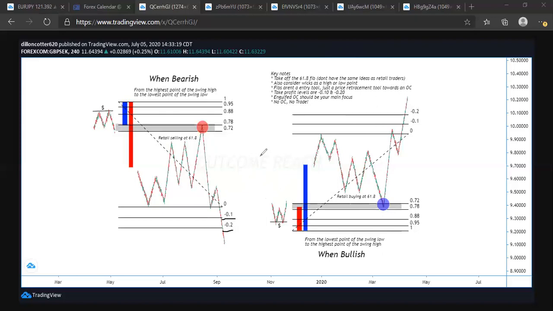Most of the time they're around 50 plus pip areas. As you just saw in the previous examples that I showed, both trades eventually traded down into that -10 area. So that's a good target area.